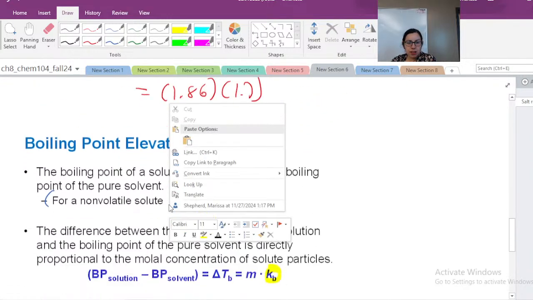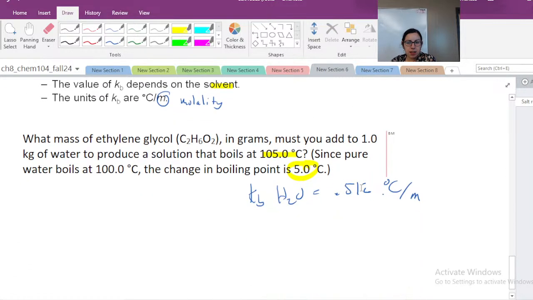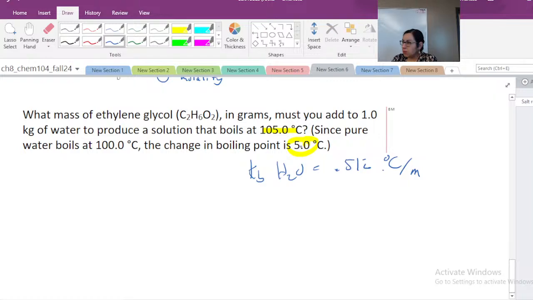And if we look at what they're asking us to do today, this time they've already given us the change in temperature, right? So we have our delta T, so that's 5 degrees Celsius. But then we're actually trying to solve for the molality first. So first we actually have to get molality, and then from there we can answer the mass question.